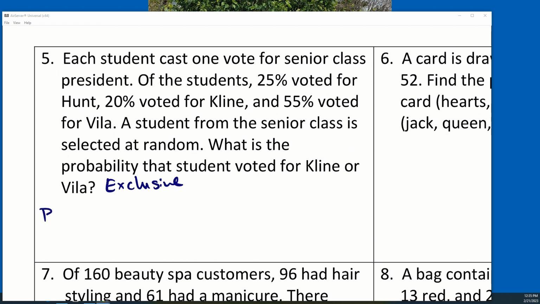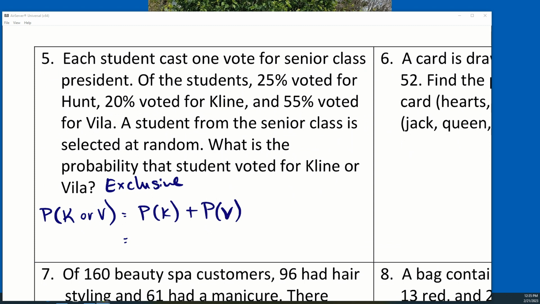All right, so if we want the probability of Klein, which I'll do K, or Vila, we're just going to add those two probabilities together. Oops, that should be a V, sorry. Now, probabilities can be percentages.